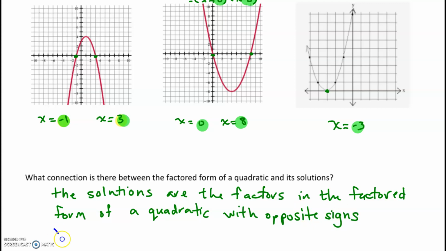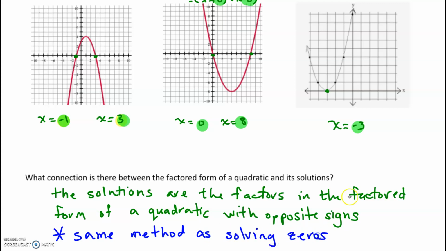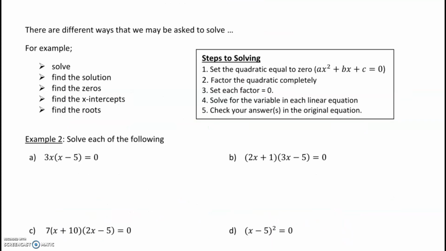And we're going to make note that it's the same method of solving as solving zeros. So we're going to use the same method as solving zeros in our last unit. So it's like a bonus for you guys. You already know how to do this. All right, let's check out the next page.